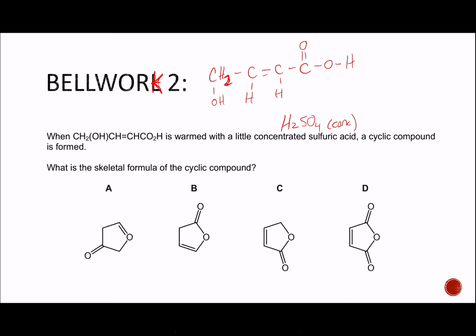When you have an alcohol, a carboxylic acid, and some acid, you are forming an ester. So notice how all of your structures here are rings. It's because when you form the ester here, you're going to close that ring.